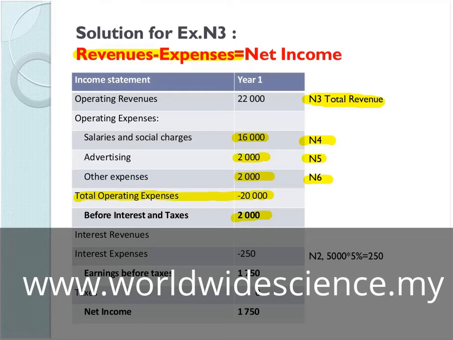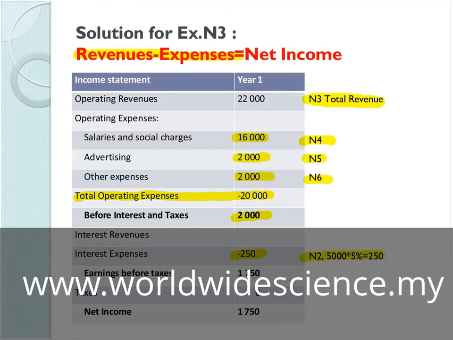Next, some of you just stopped with these lines only, but we always must show our interest revenues, interest expenses, and taxes. The interest expenses is 250. Sorry, this is from transaction number 2.